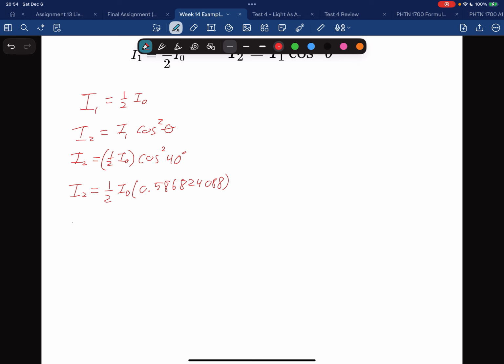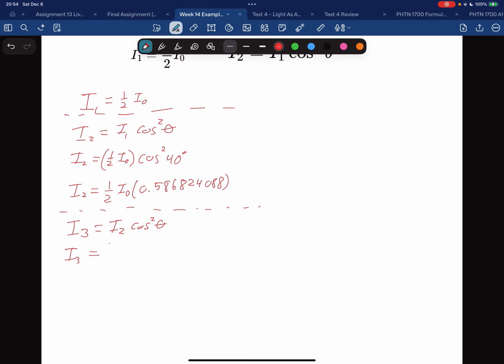The third, I'll add some dashed lines just to separate a little bit. The third is going to be equal to the amount of light coming through the second one multiplied by the cosine squared of the angle between these two. So this is going to be I2.